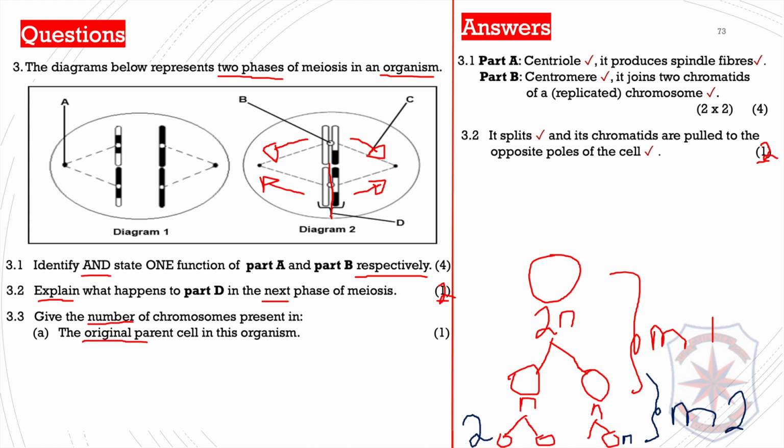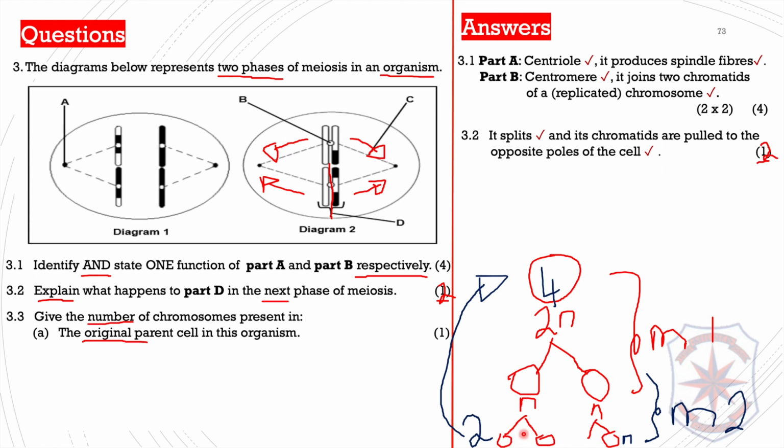Okay, now the question is asking us to provide a number of chromosomes in the original cell. So, to move from a haploid cell to a diploid cell, we multiply the haploid number by 2. So 2 times 2 is going to give us how many chromosomes in this original cell? 4 original chromosomes. Okay?